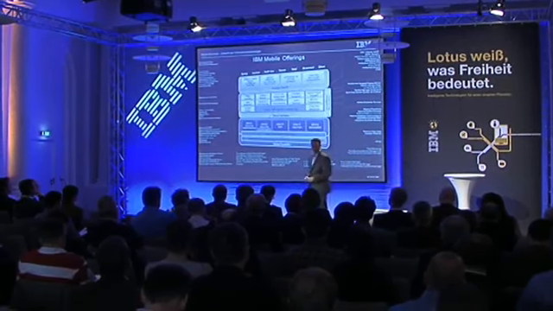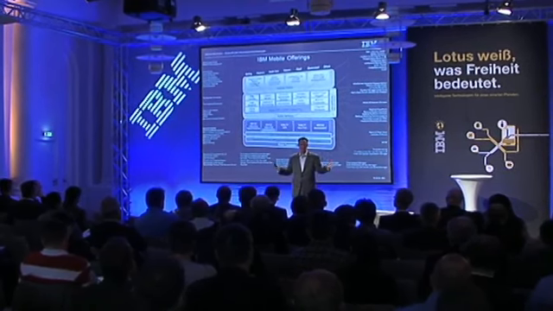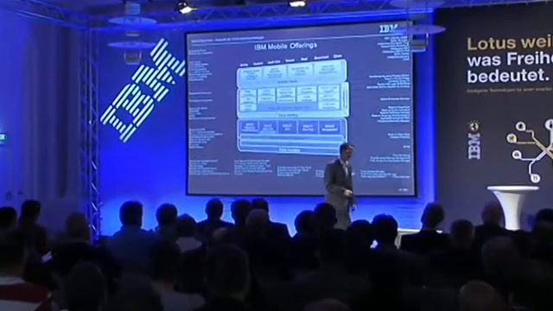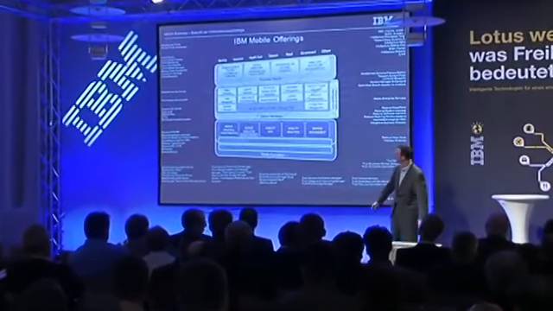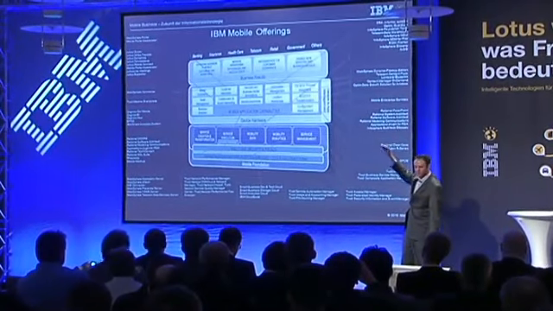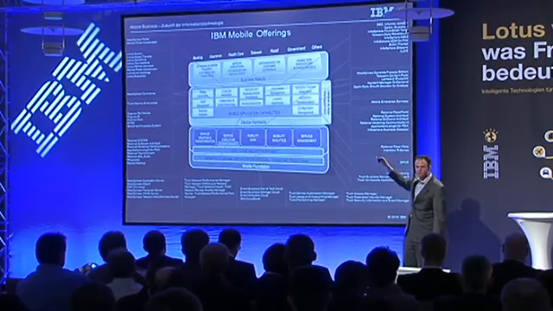Obviously, I'm not going to go through this entire chart. This is kind of the IBM bragging rights chart around mobility. If you look at a typical mobile framework, it runs all the way from identifying key business results at the top, which will help you identify the applications you need to surface for those results.